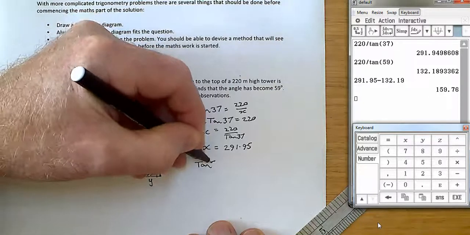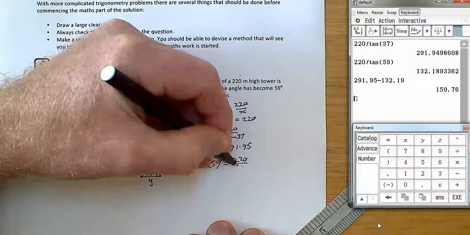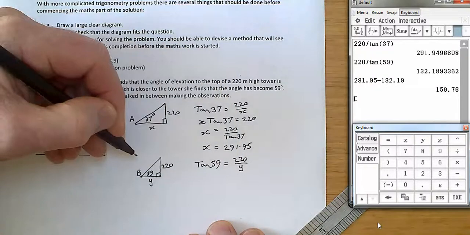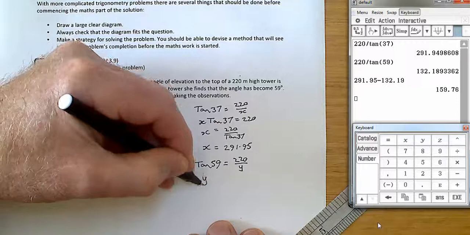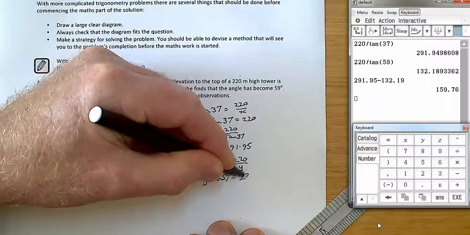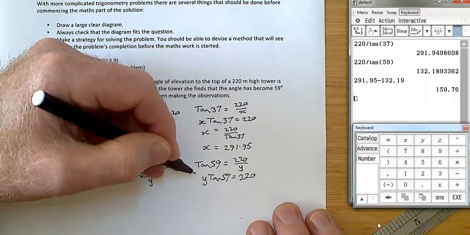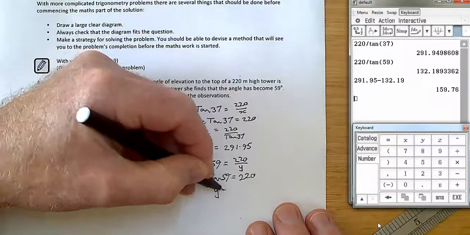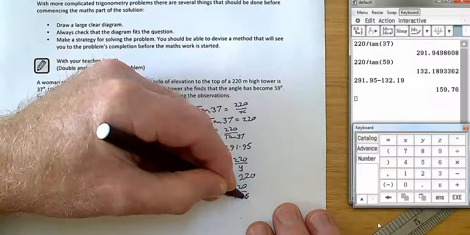The tan of 59 equals opposite 220 divided by adjacent y. Shuffle it round to make y the subject. Multiply both sides by y. Y times the tan of 59 equals 220. Divide both sides by the tan of 59. So y equals 220 divided by the tan of 59.